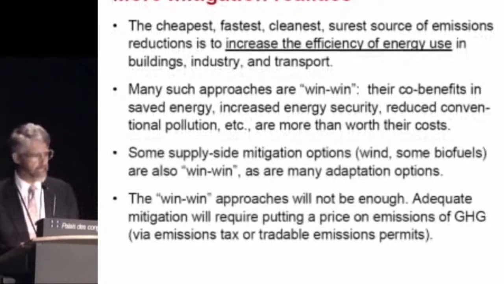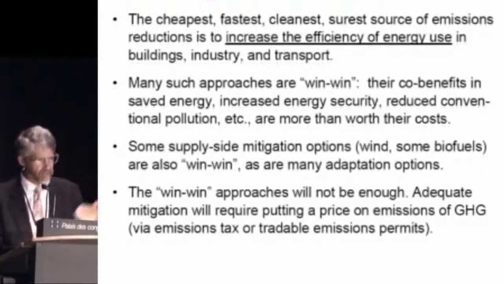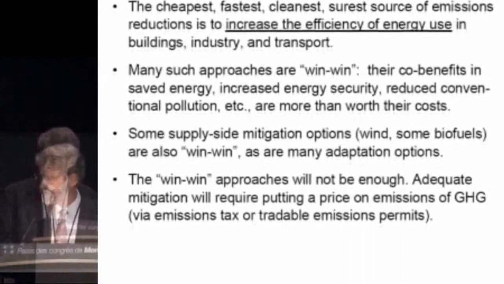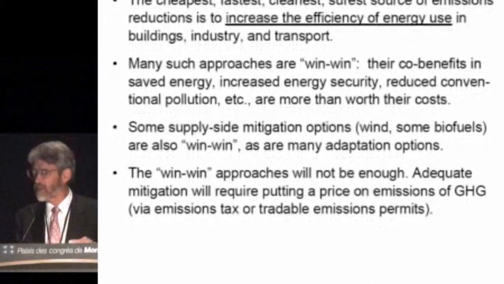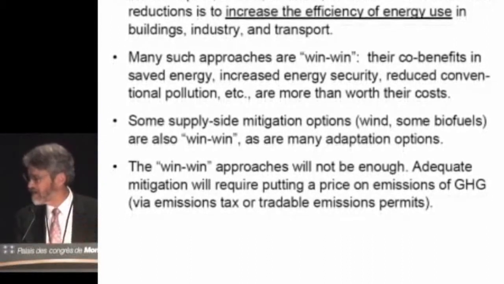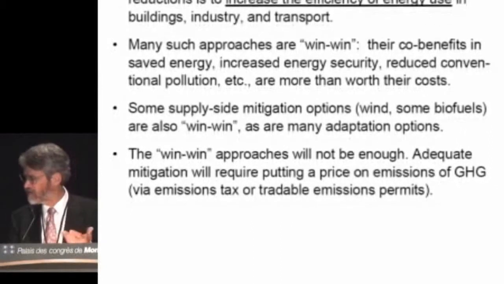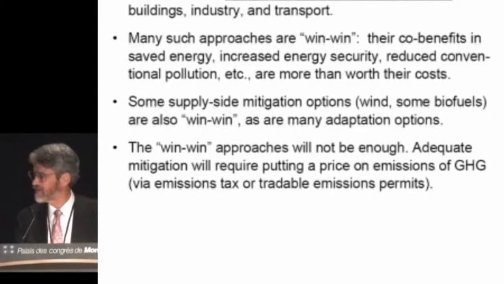Adequate mitigation, mitigation that has a chance of keeping us below an increase of 2 degrees C above the pre-industrial level, is going to require putting a significant price on emissions of greenhouse gases, either via an emissions tax or via tradable emissions permits.